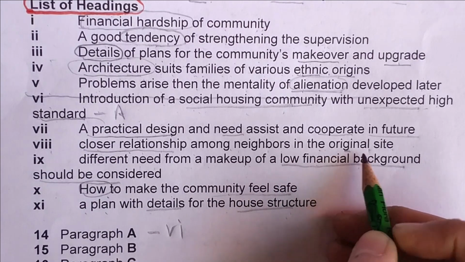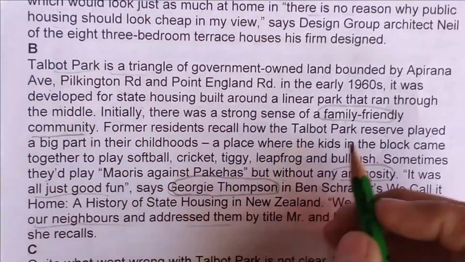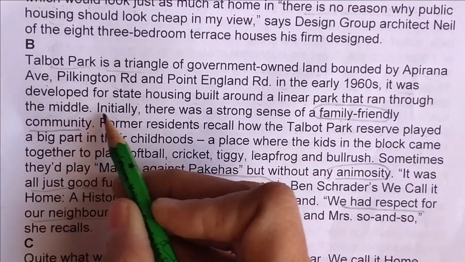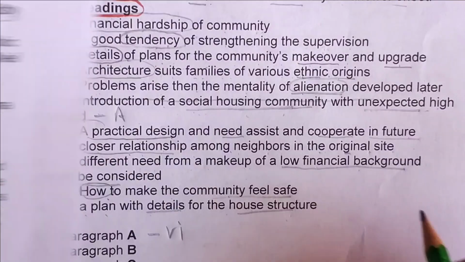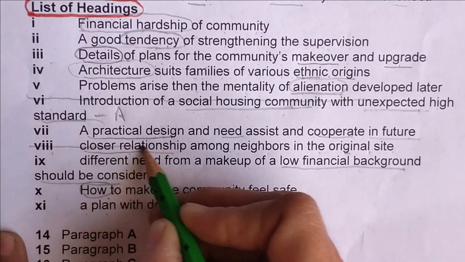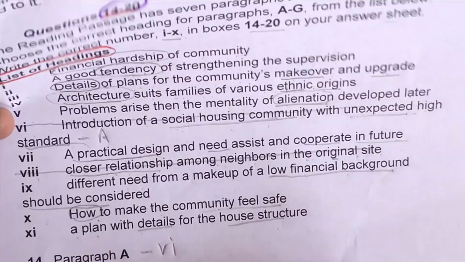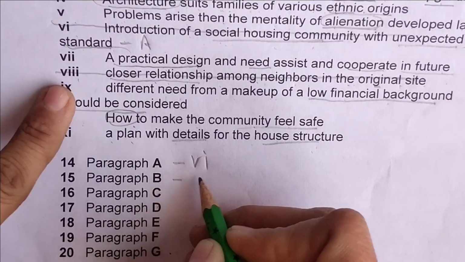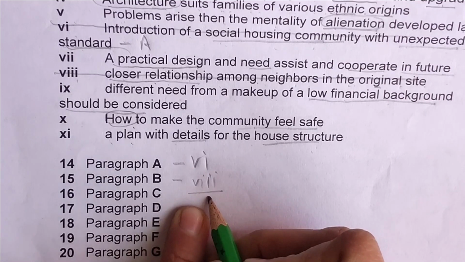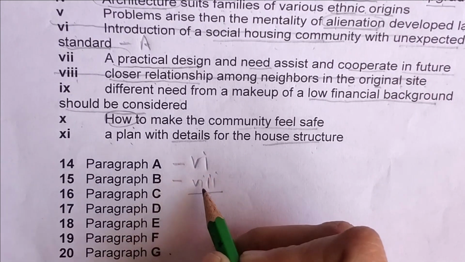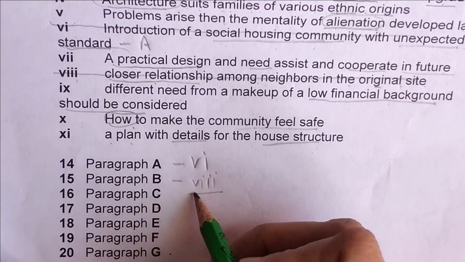Okay, so original site is here. It was developed for state housing built, and then everything, there was a strong sense. So I will be just cutting it from my list of options. And for B paragraph we can just put 8th number. Okay, in answer sheet you have to write these numbers, sorry, numerical things.